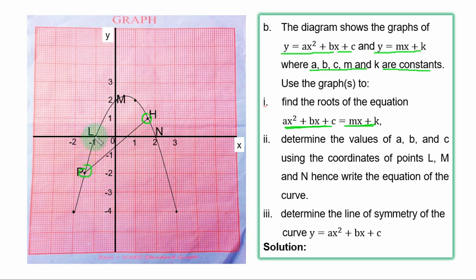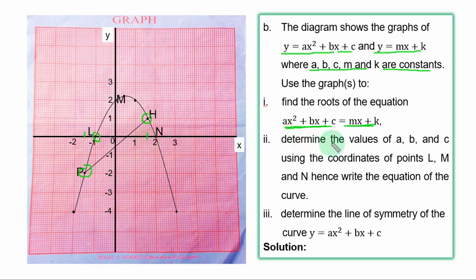If you start counting from -1, you have it at this point, and that is -1.5. That is one solution. If you start counting from 1 as well, you have it at this point. That should be 1.6. So the solution is -1.5 or 1.6.